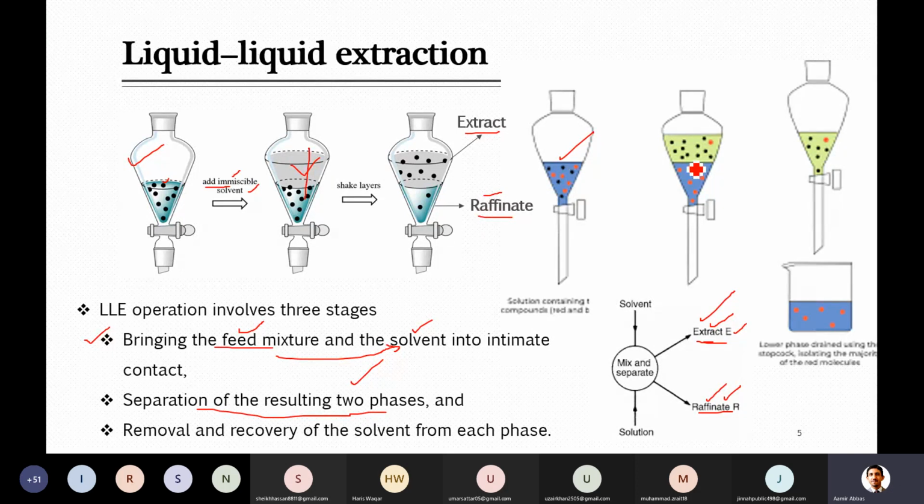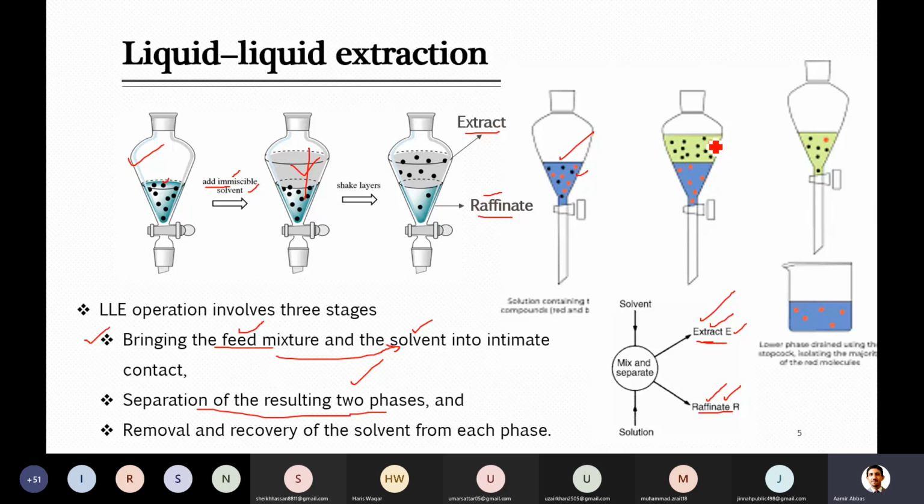Then you bring it in contact with the solvent, which is here in a yellowish color, and mix them. After mixing, when you give it time for settling, it separates into two layers. In those two layers, you can see that one of the components which you were supposed to remove from the feed is transferred more or less completely towards the solvent, while other components are not transferred in large amounts.